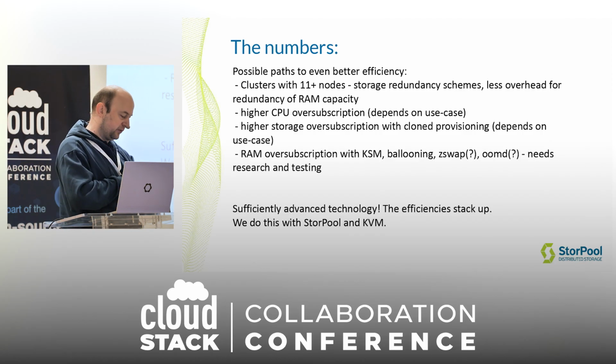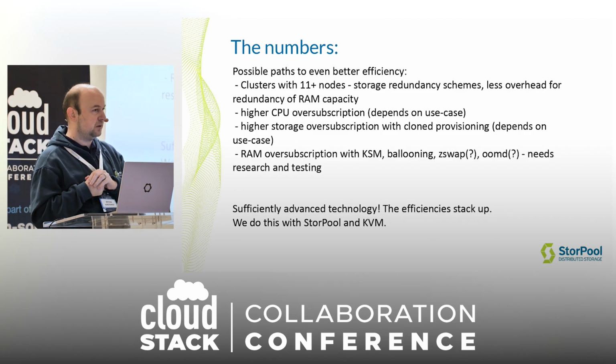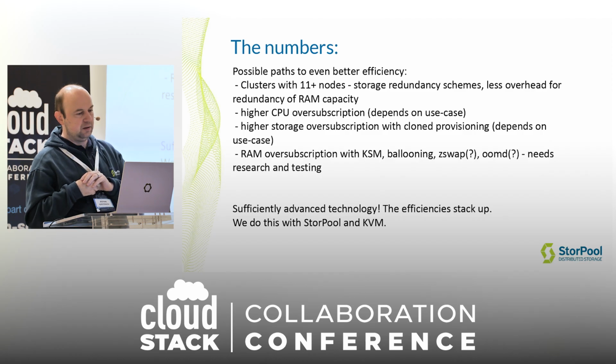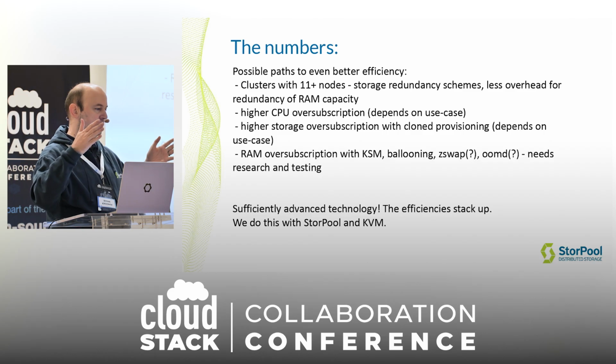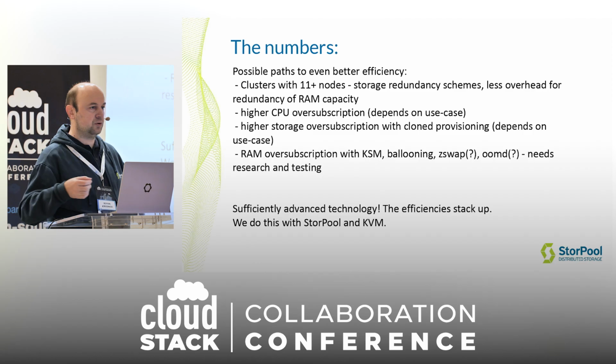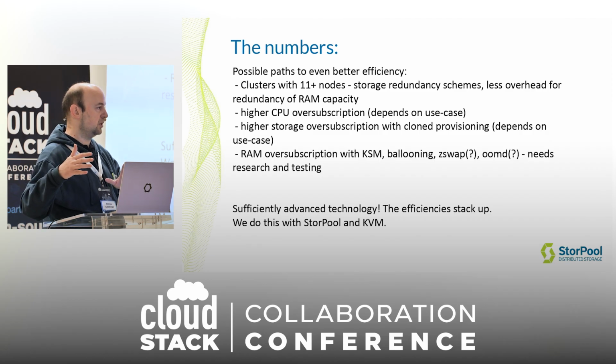You can have less overhead for memory capacity redundancy. And the difference on the storage redundancy schemes is significant. It's between 2 data, 2 parity, which is 2 times overhead for just redundancy of the storage, versus 8 data, 2 parity, which is 25% overhead for storage, for redundancy of the data.